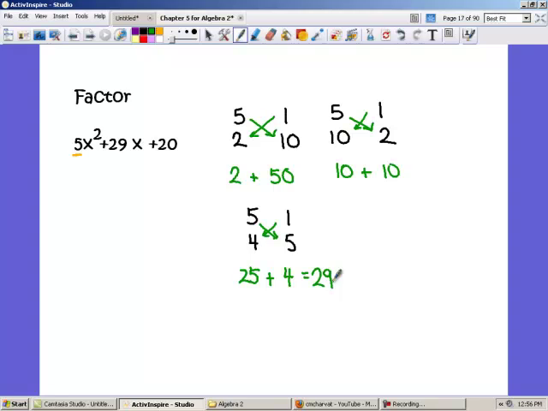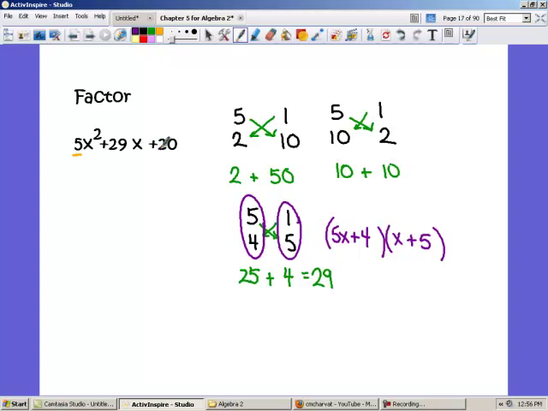Remember, you go down when you set this up. So 2 binomials, we have 5x plus 4, and we have 1x, or just x, plus 5. And there it is. Those are the factors of this quadratic function.